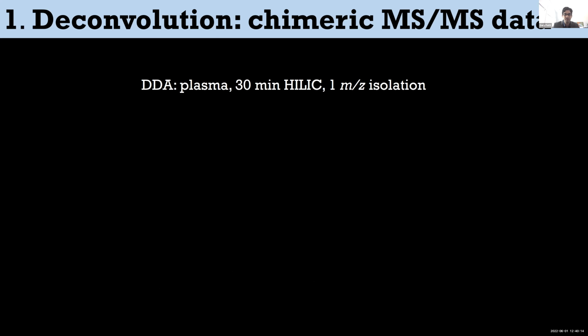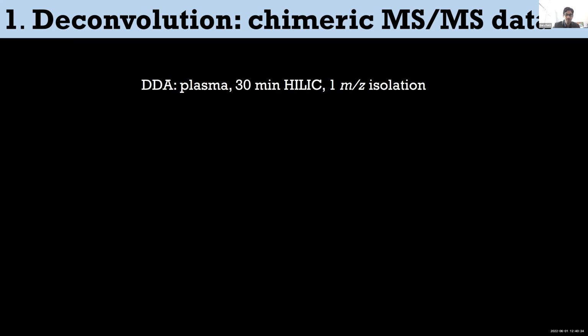But what happens if we do a different kind of experiment, which is more common in metabolomics? DIA or SWATH-based methods are not used as extensively in metabolomics as in, say, proteomics. So what happens if we do an experiment that's a little more familiar to metabolomics, like data-dependent acquisition, or DDA?